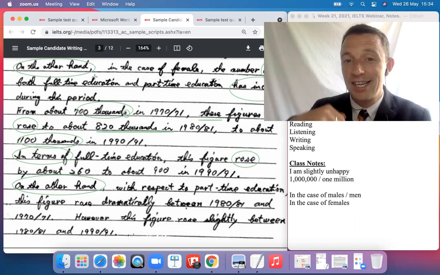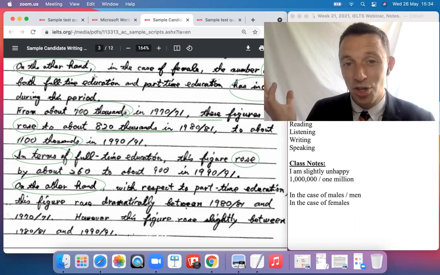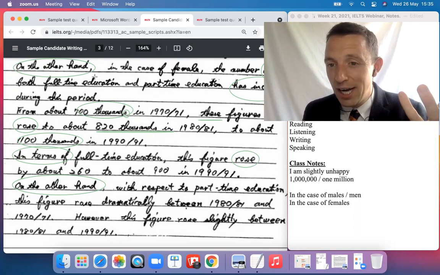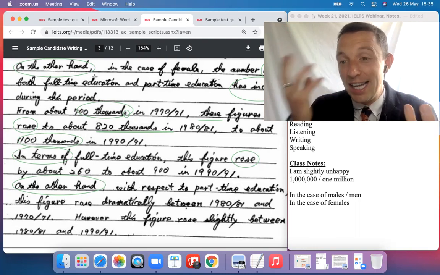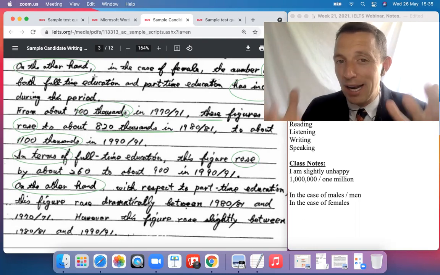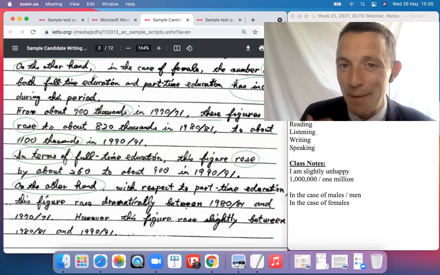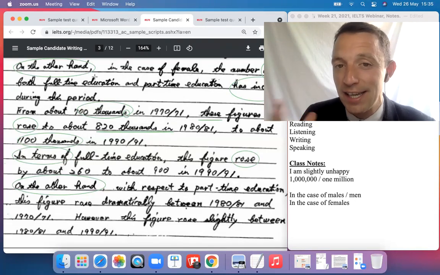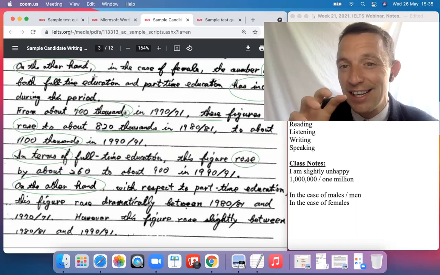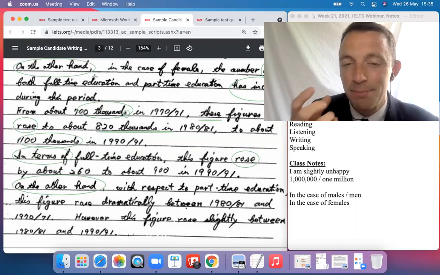So we need the contrast, on the one hand and on the other hand. So we need the balance. But in this situation, it's the same expression twice, and for that reason, it's probably considered a writing mistake.